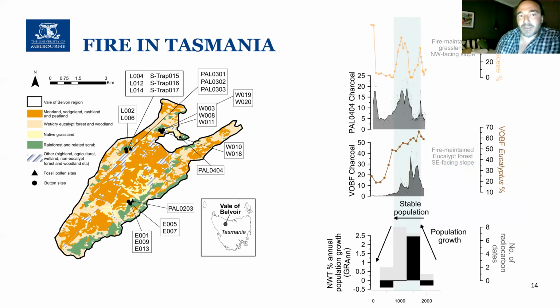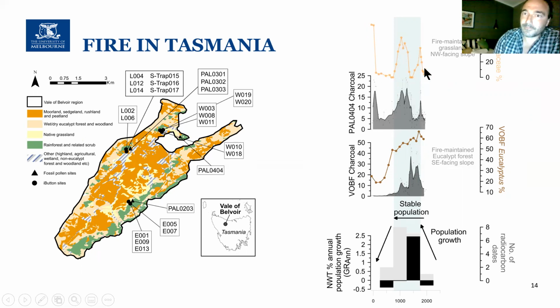And if we compare that to people, we have a northwest facing site here and a southeast facing site here. The top one's northwest, the bottom one's southeast. You can see here that fire within the forest really corresponds tightly with grass.